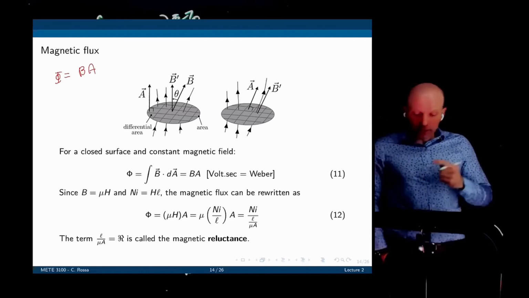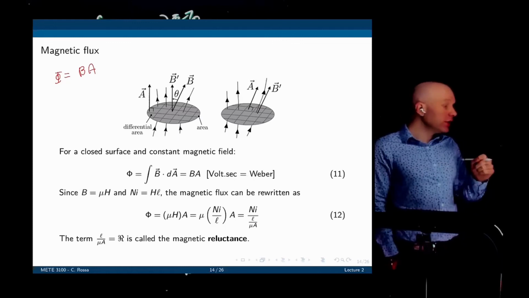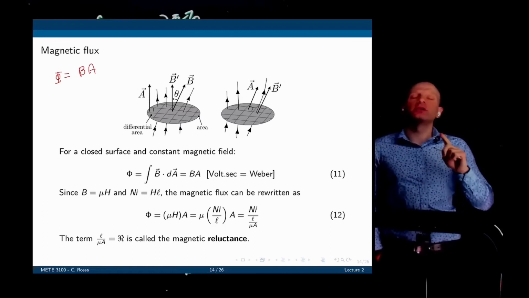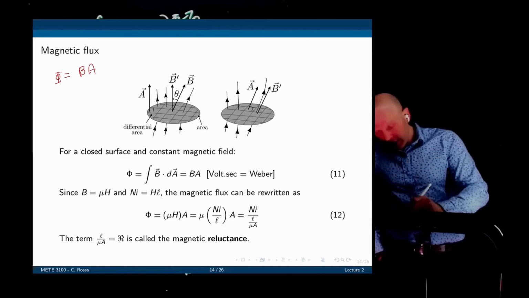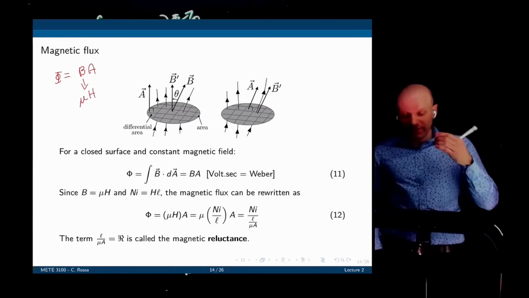B can be related to the material properties of that surface and to the intensity of the magnetic field. So we can write B as mu H. Mu is the permeability, H is the intensity of the magnetic field.